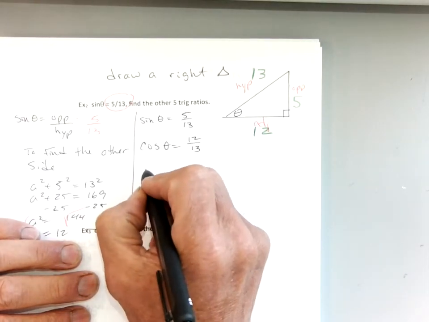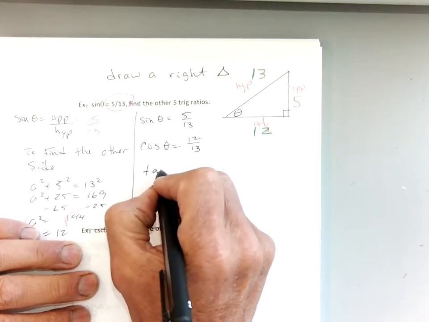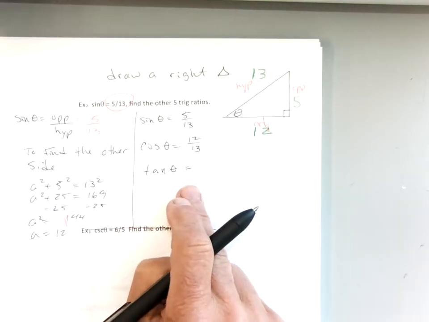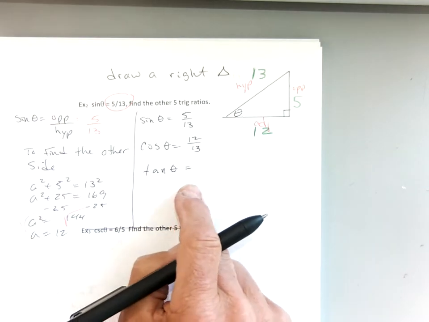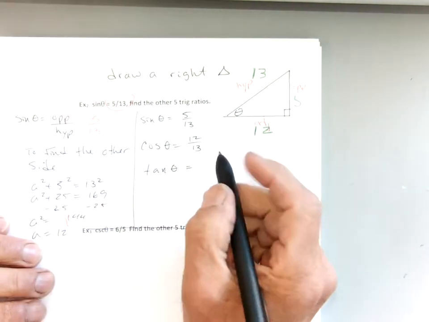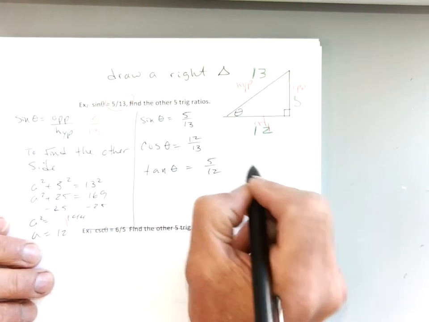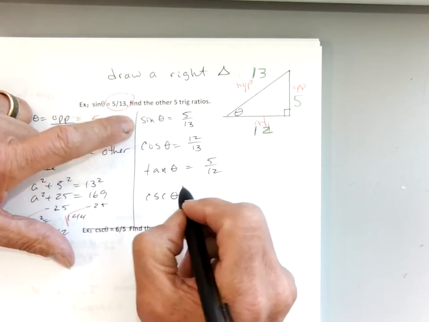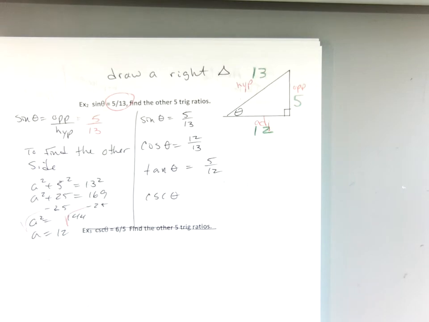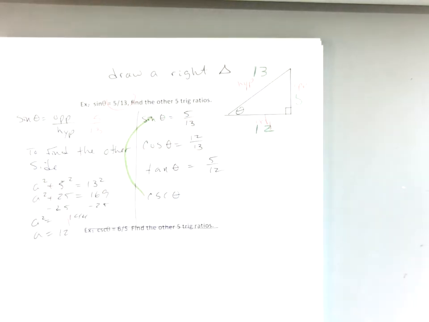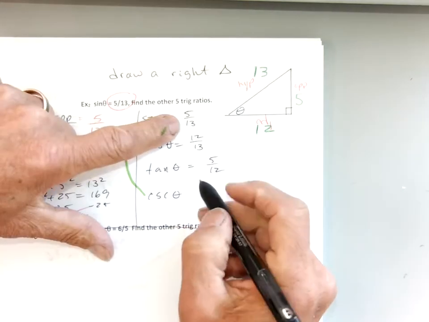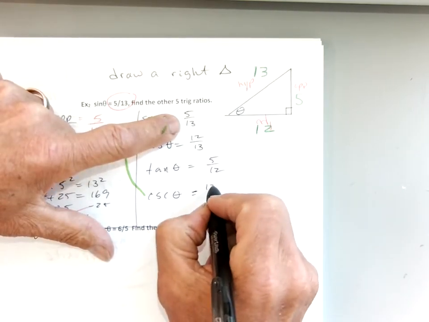I know my tangent of my angle. Tangent is going to be my opposite over my adjacent, right? We can see that. So opposite over my adjacent, which is my 5 over 12. My cosecant of theta, which is the reciprocal of sine, is just going to be 13 over 5.